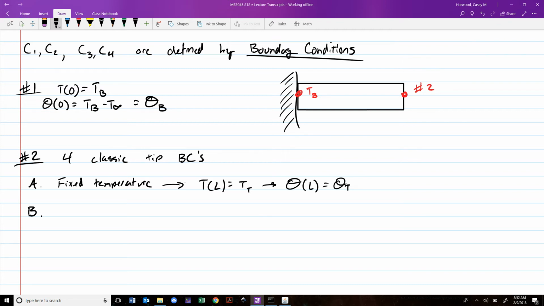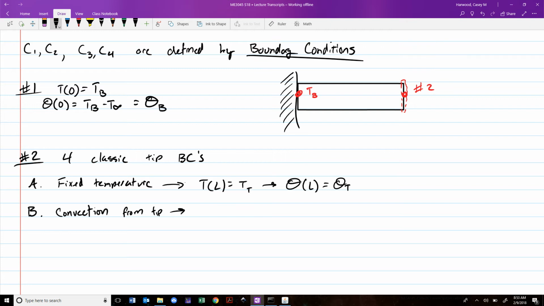B is a convective boundary condition. Just as in the case where we were solving the heat equation, this is essentially where we would place a very thin surface control volume at the tip of the fin. We would say that the heat entering that infinitesimally thin box due to conduction has to leave by convection.